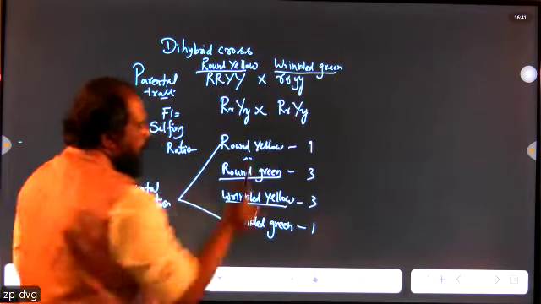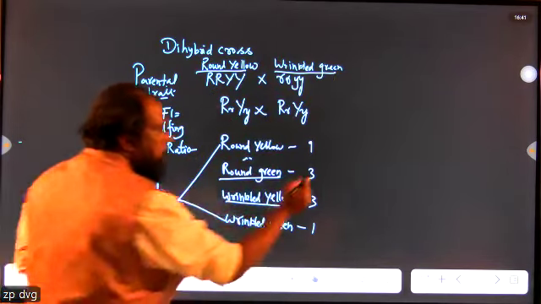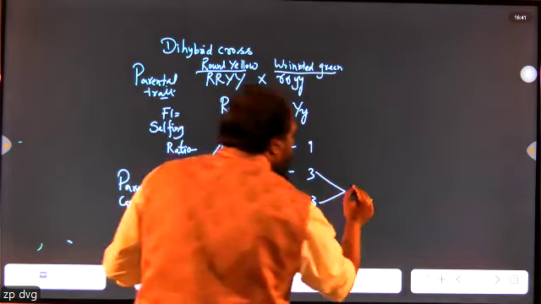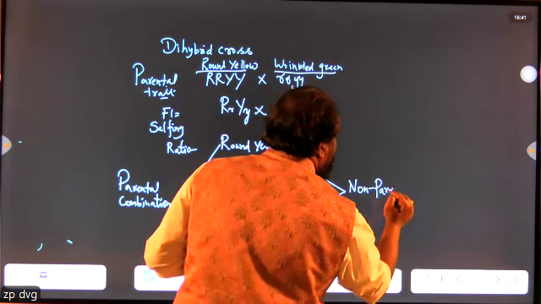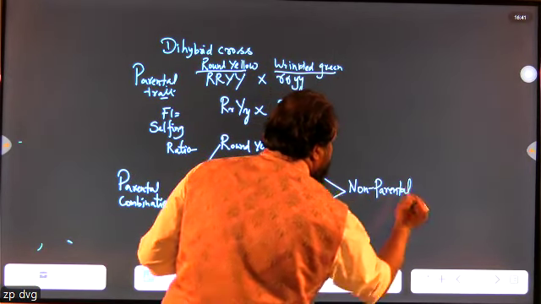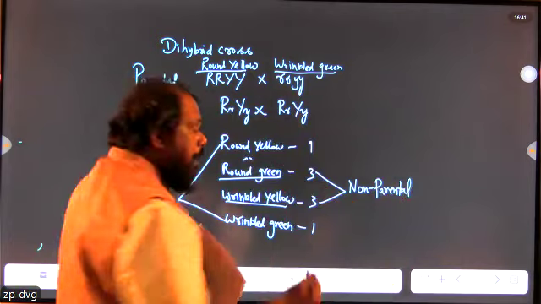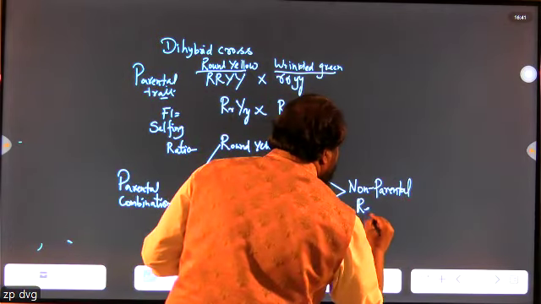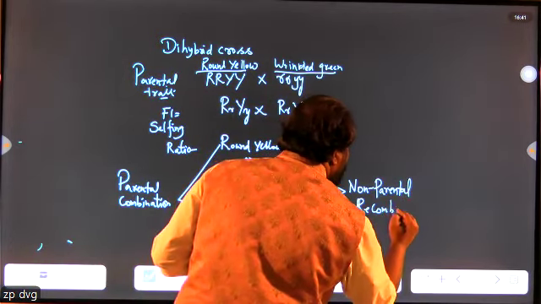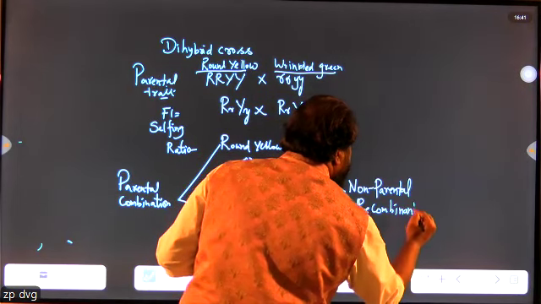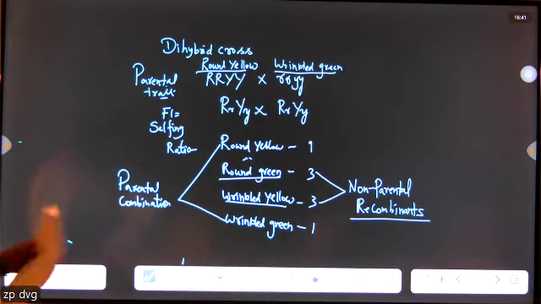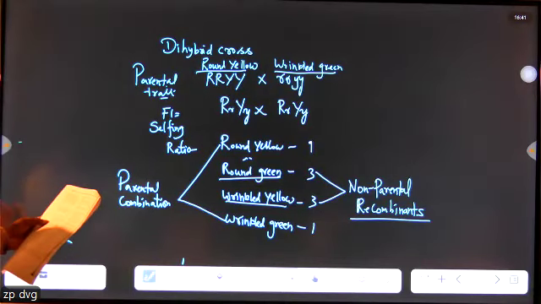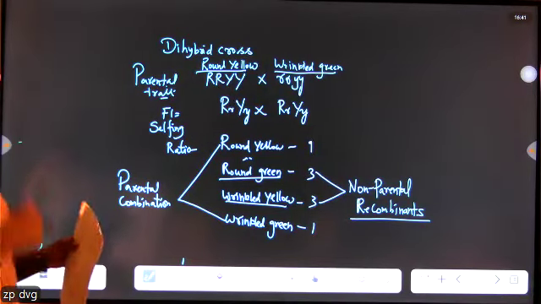Wrinkled means green should be there, here wrinkled yellow is there. So these two are considered to be non-parental trait because they are not the character of a parent. Non-parental is also called recombinant. Recombinant.